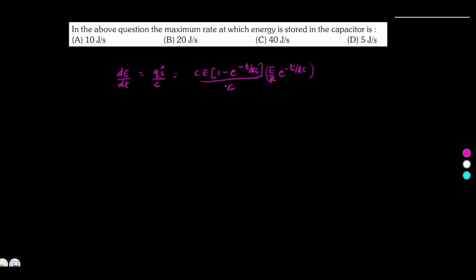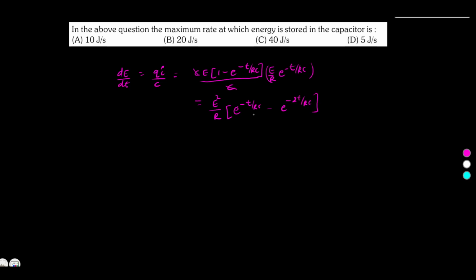You can see C and C will cancel. We will get E square by R times (e raised to the power minus t by RC minus e raised to the power minus 2t by RC).